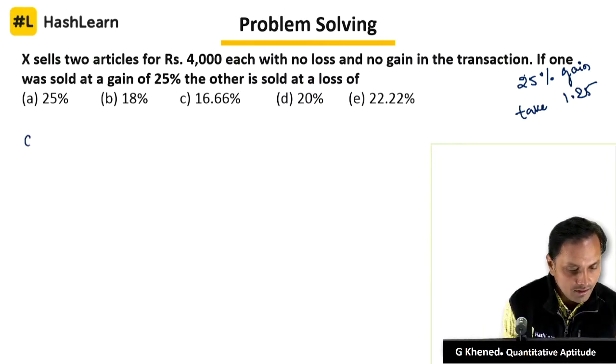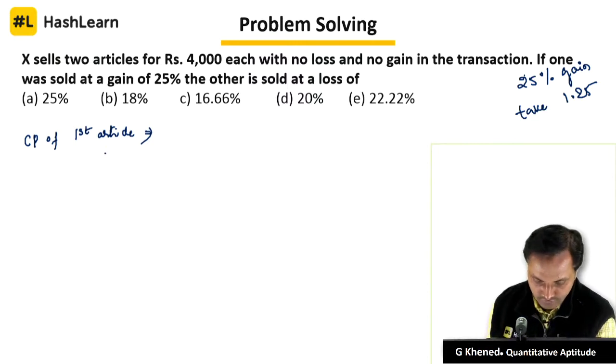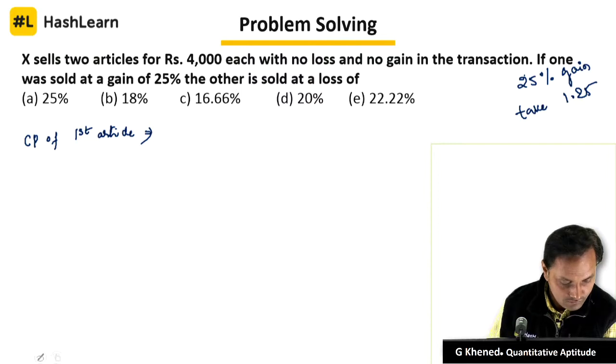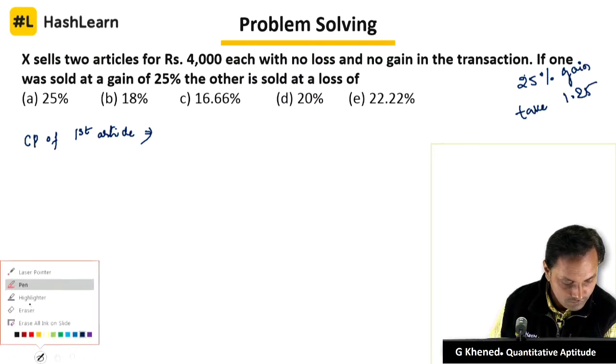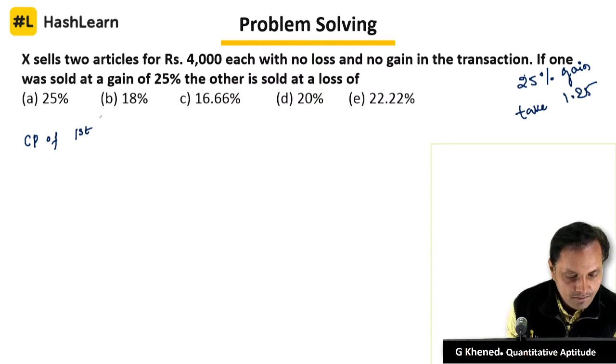Then what will be the cost price of the first article?